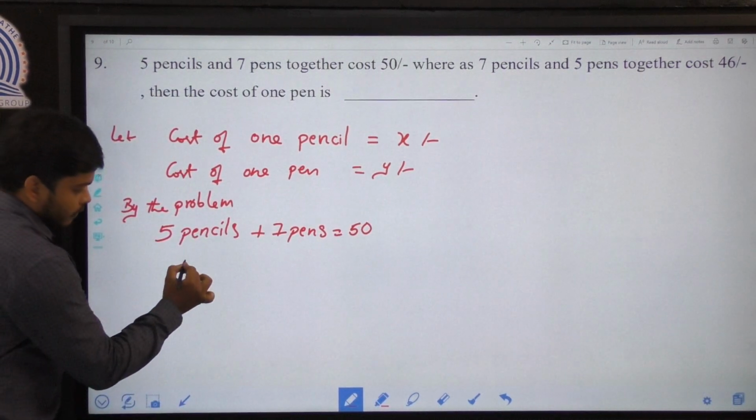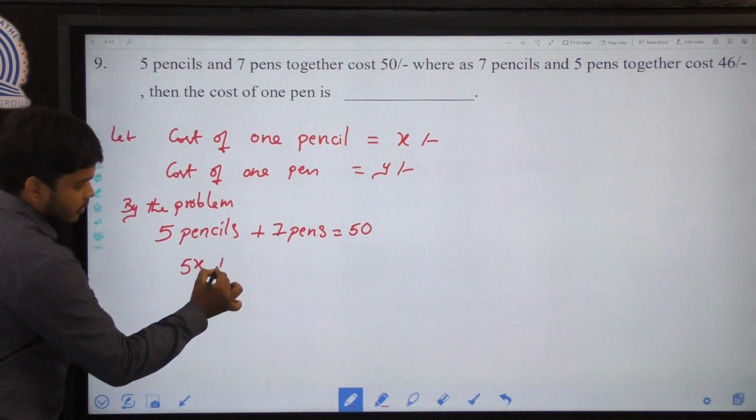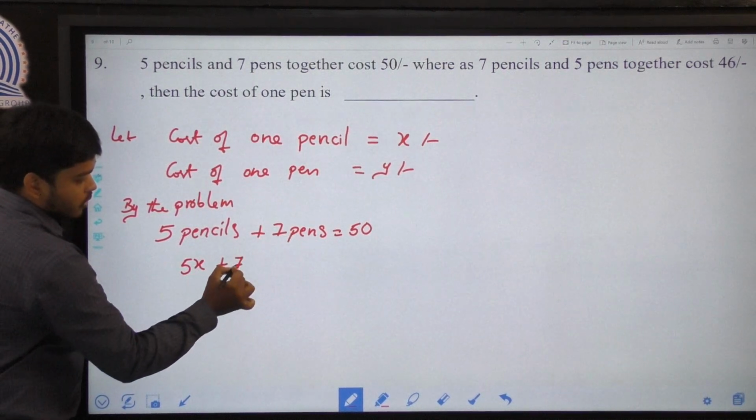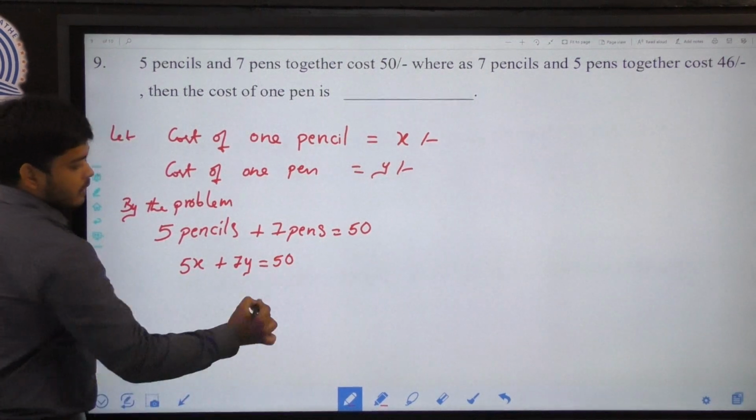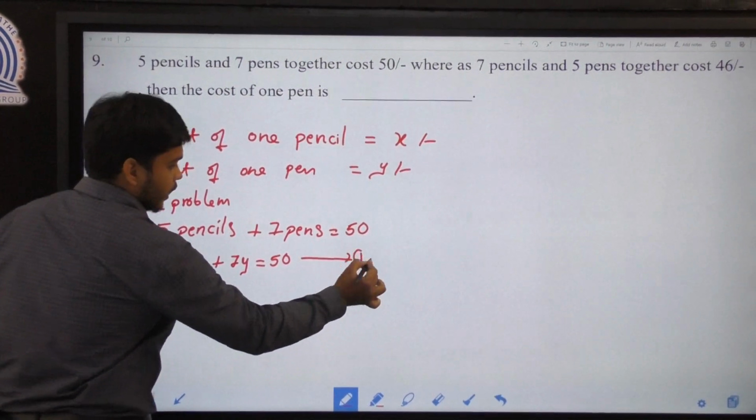It means 5 into x plus 7 into the cost of 1 pen, y, is equal to 50 rupees. I am taking this as equation number 1.